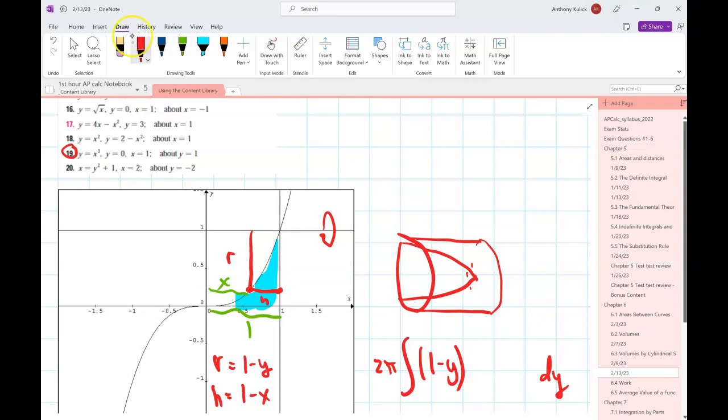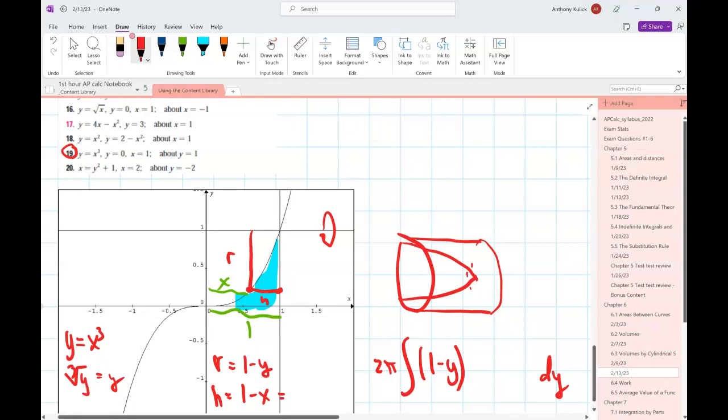All right. Now, what's the problem with 1 minus x? Has an x in it. What does it need to have in it? Y's. So we know that x is just the cube root of y. Oh boy.